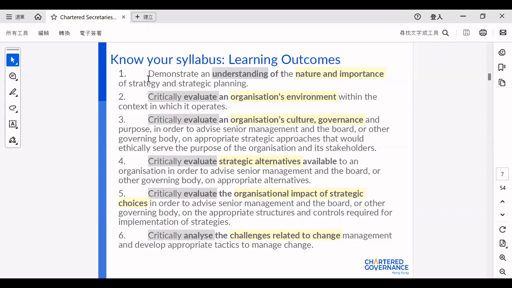So for the first learning outcome, the examiner expects you to have a clear explanation, a clear conceptual understanding of the strategic principles and relevance. So you should show that you can grasp not just what strategy is and what strategic planning is, but how they matter in order for the organizations to succeed.